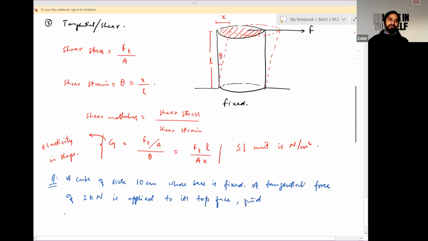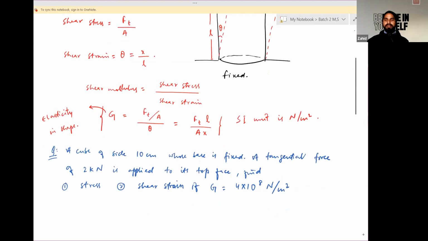Find first stress, second shear strain, if G equals 4 into 10 to the power 8 Newton per meter squared. Try to solve.